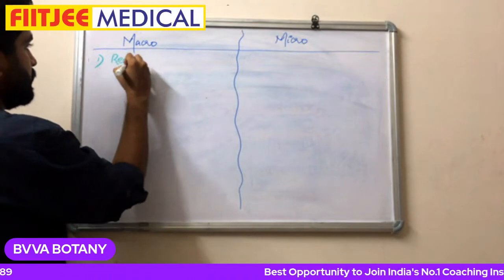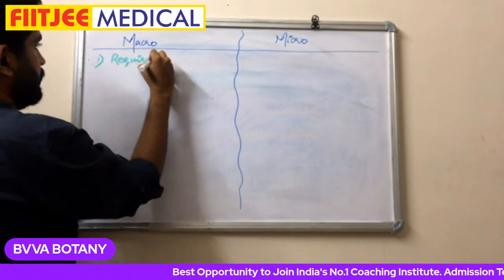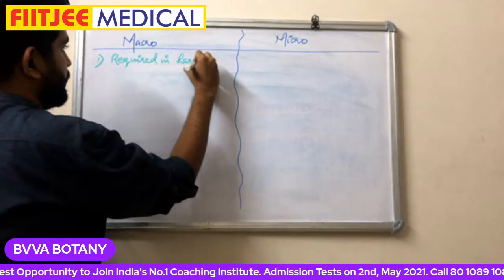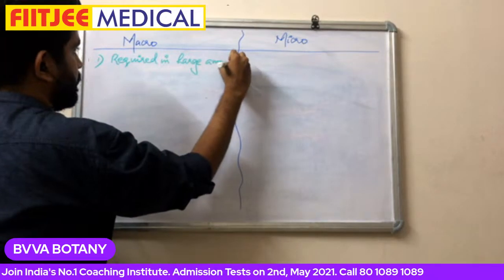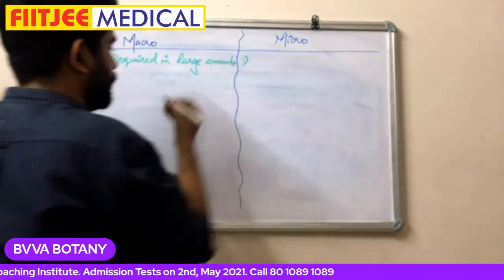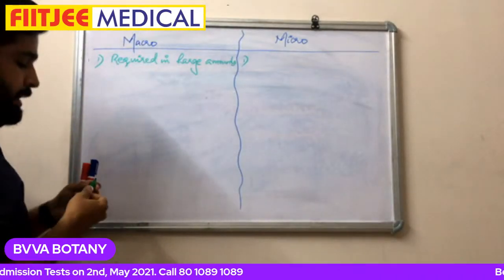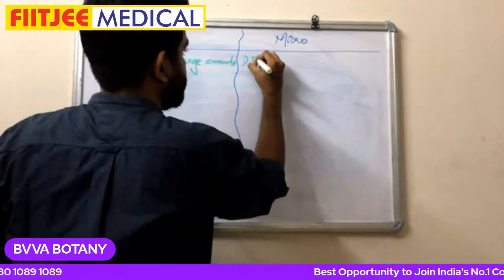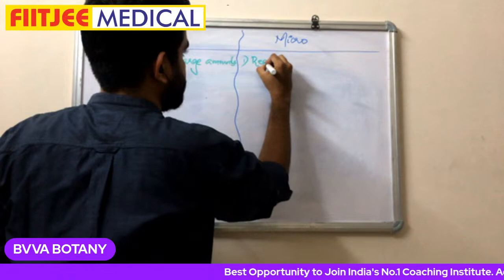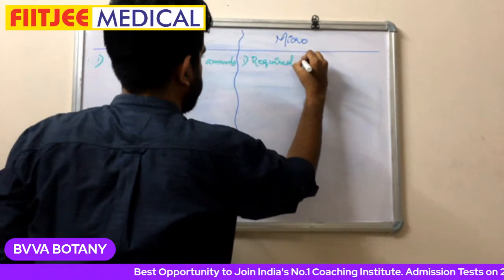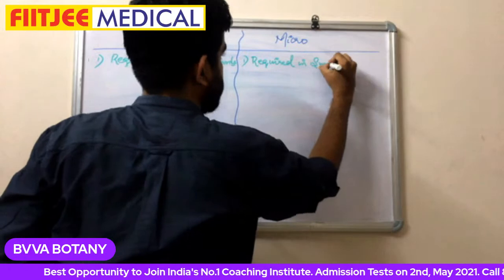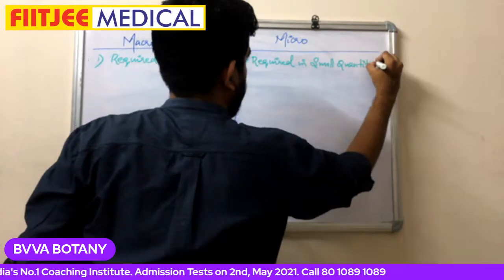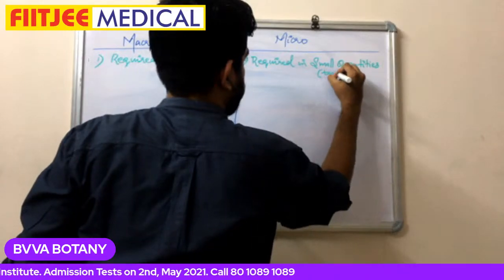So macronutrients are required in large quantities, whereas micronutrients are required in small quantities, or we can say trace.